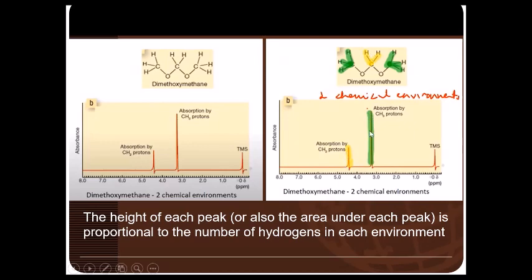The CH3 groups, being the same chemical environment, combine both the left and right ends and have more hydrogens, so that peak has to be taller than the yellow CH2 group. The green peak represents my CH3 group, and there are more hydrogens altogether. Again, the height of each peak is proportional to the number of hydrogens in each chemical environment. Got it?